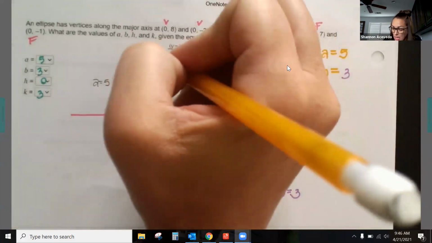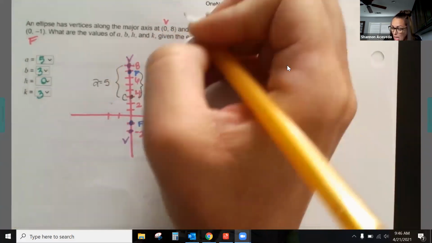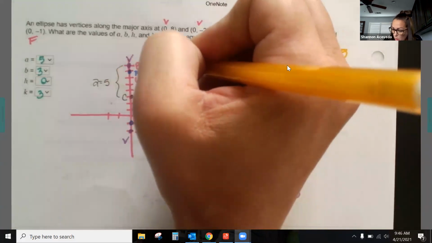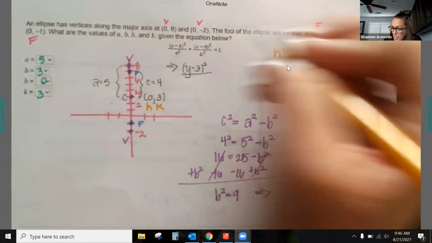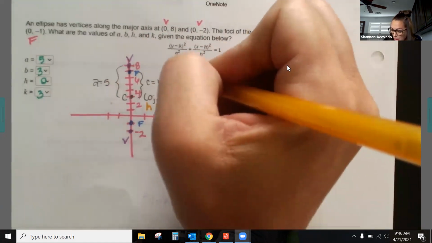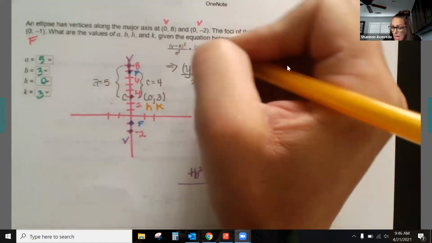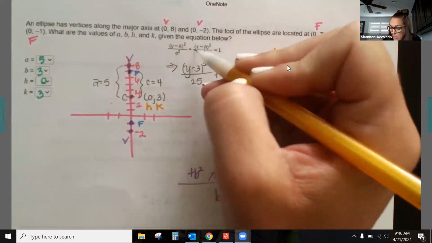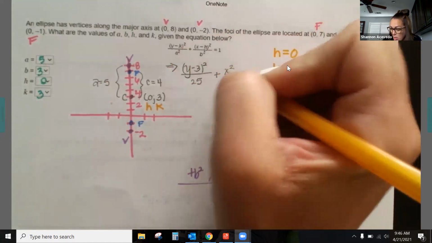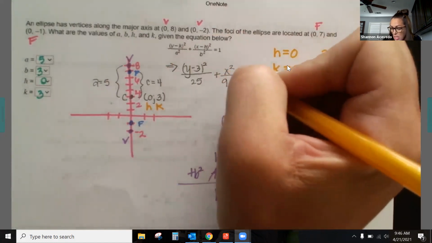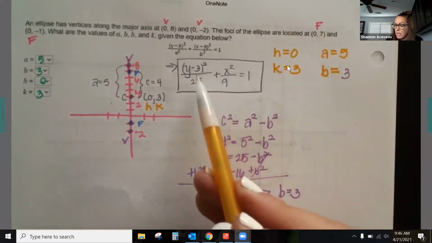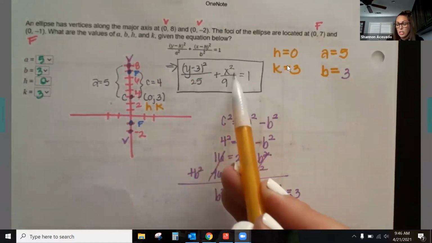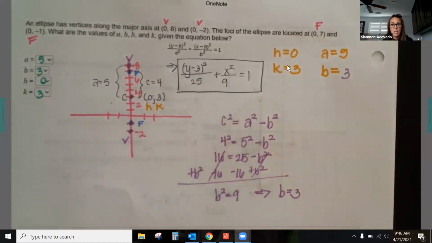So if I was asked for the equation, it would look like this: (y - 3) squared all over my A squared, which is 25, plus (x - 0), so just x squared, all over my 3 squared, which is 9, equals 1. So this would be the actual equation, but be careful because so often you guys just want to do H, K, but they're switched in this case because Y is written first.